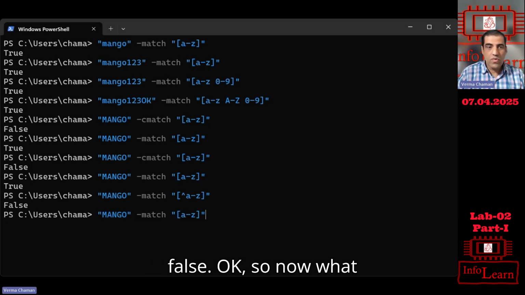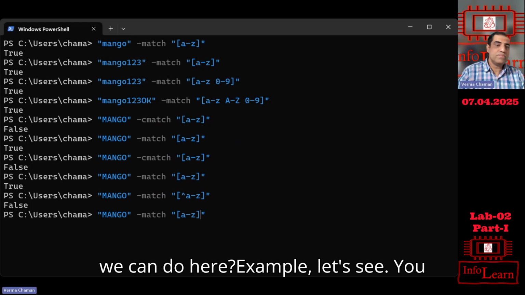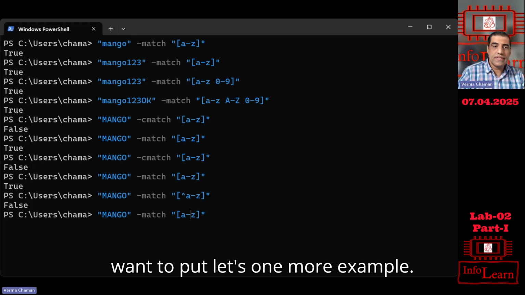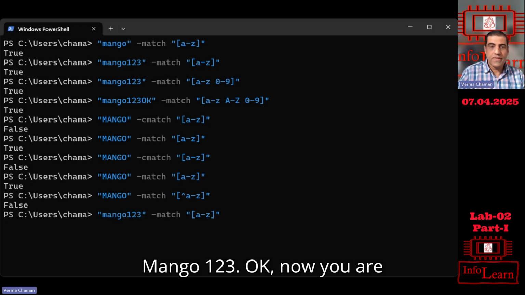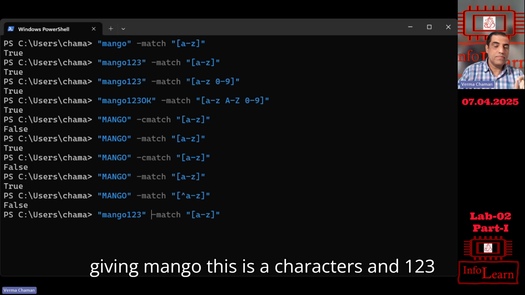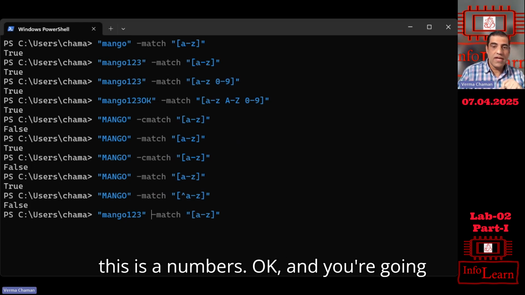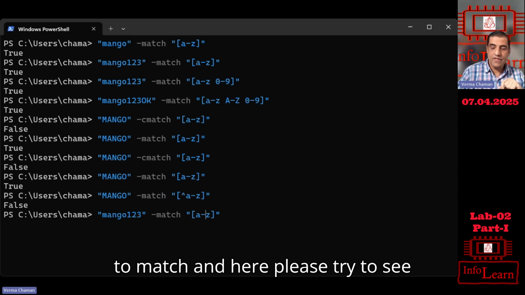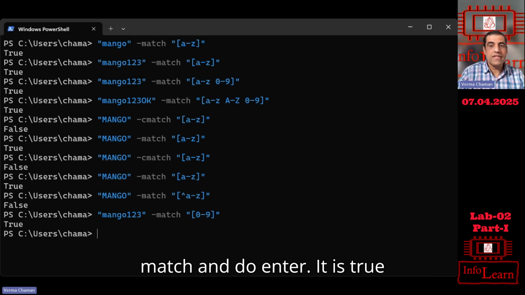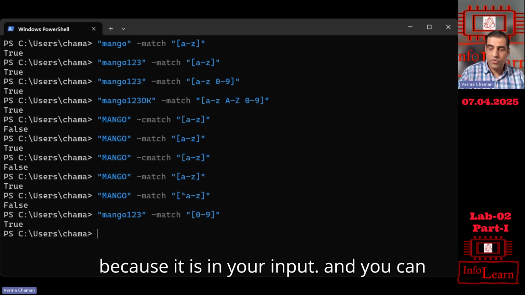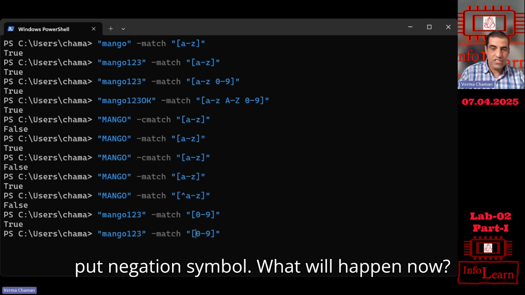Now let's see one more example: mango 1 2 3. You are giving mango, these are the characters, and 1 2 3, these are the numbers. You are going to match 0 to 9 here. Do enter. It is true because it is in your input, and you can put the negation symbol.